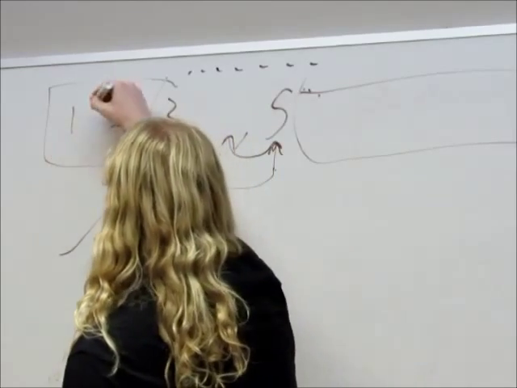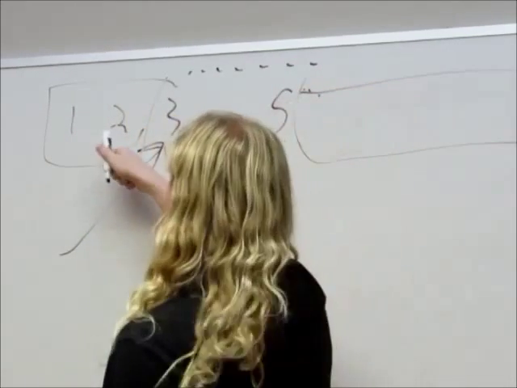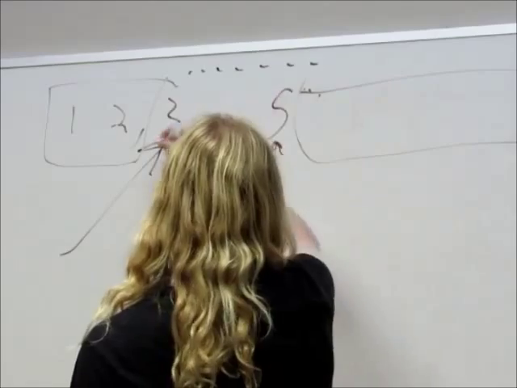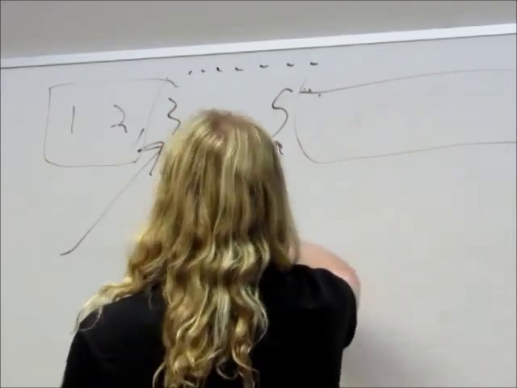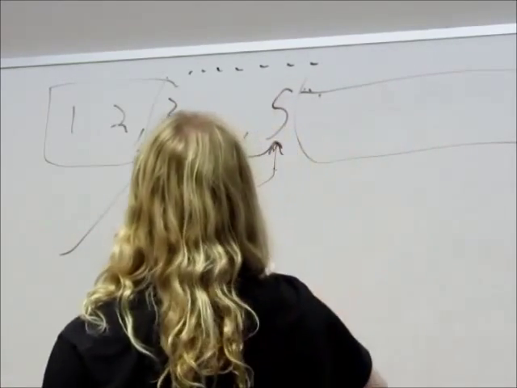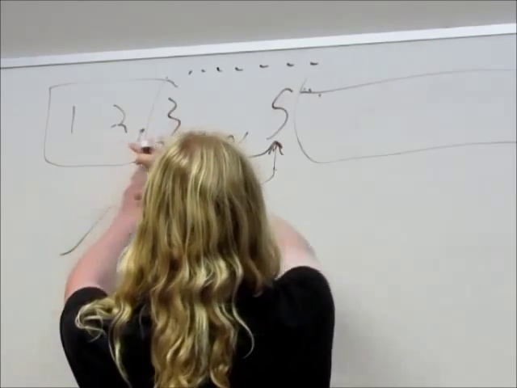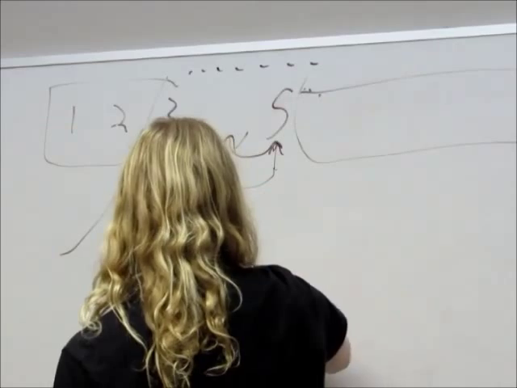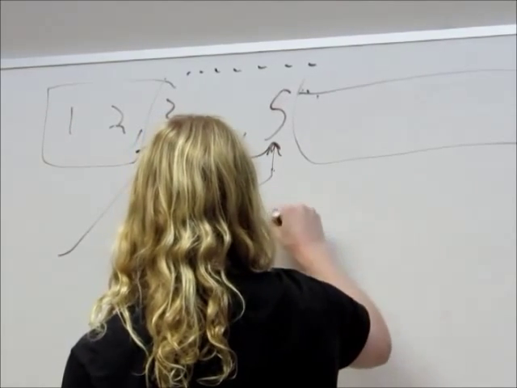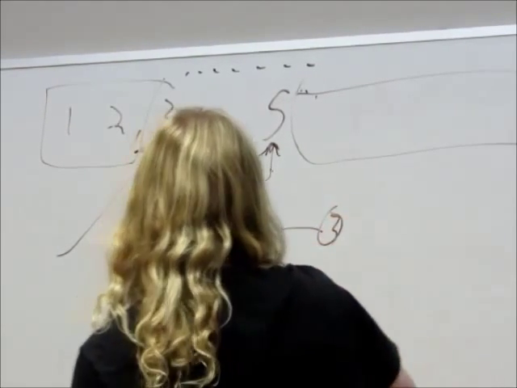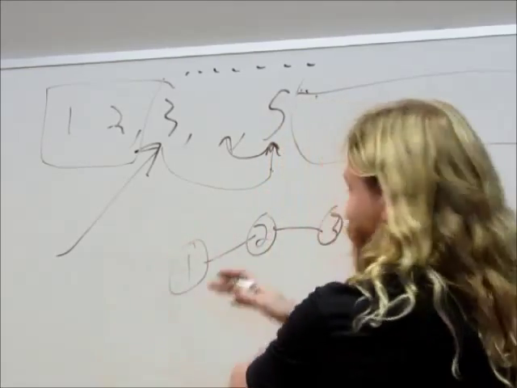You have 1 and the rest. And then you have 2 and the rest, and that's 3 and the rest, and eventually you get to 5 and nothing, and you're like, okay, I'm at the end of my list. So I can't really jump into the middle of it, because they're just points in the middle of nowhere. I don't know where the middle is. I have to find it.